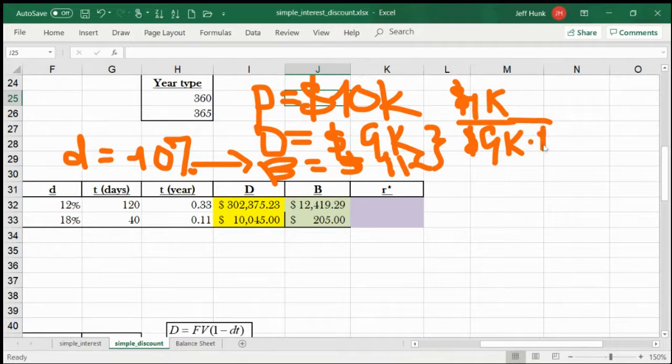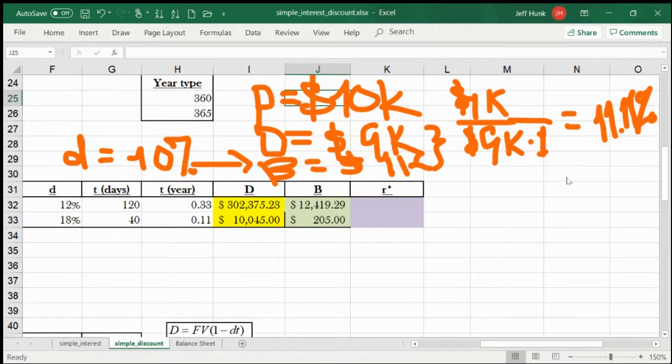So is this 10%? No, it actually comes to something like 11.11 percent. In other words, effectively, if you paid $1,000 to borrow 9,000 for 1 year, you paid effectively 11.11%, not 10% interest, right?